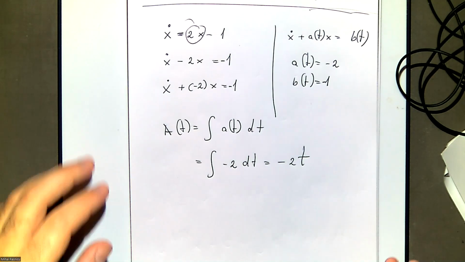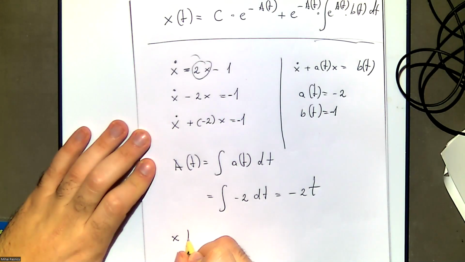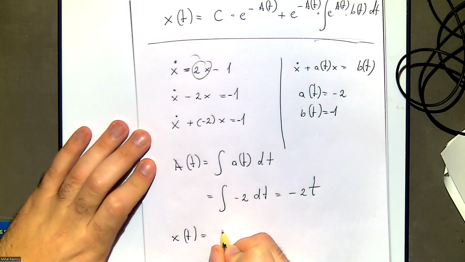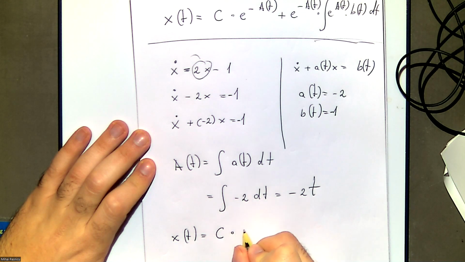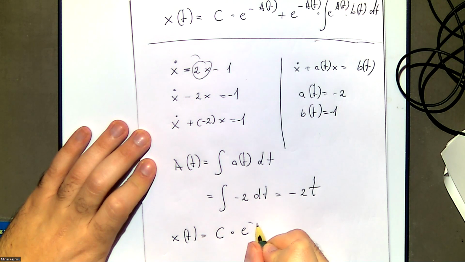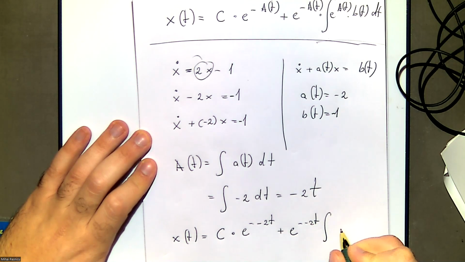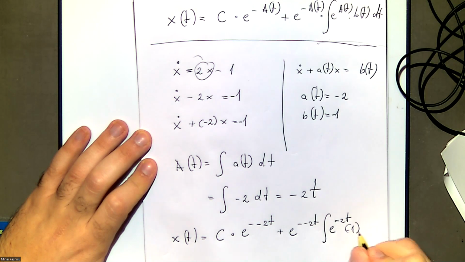Once you've done this, we just plug in the formula. So x(t) is equal to a constant times e to the minus A(t), so in my case it's minus 2t, plus e to the minus 2t times the integral of e to the minus 2t times b(t), that's minus 1, dt.